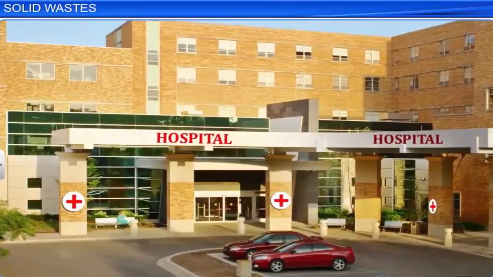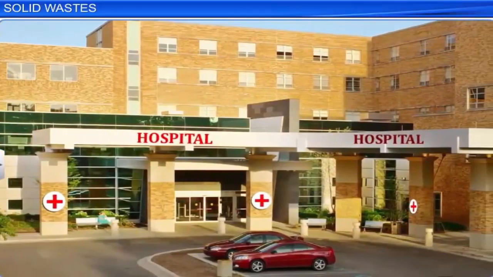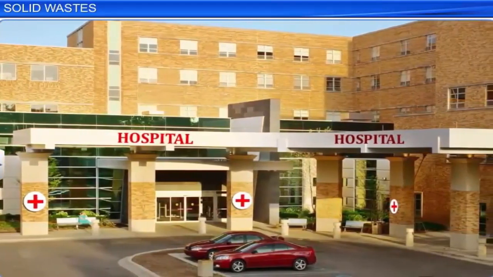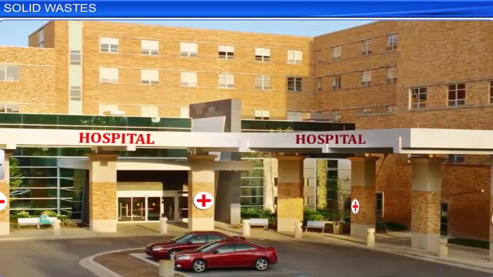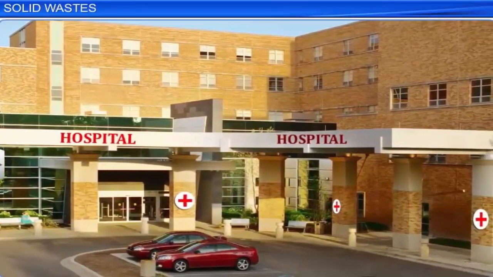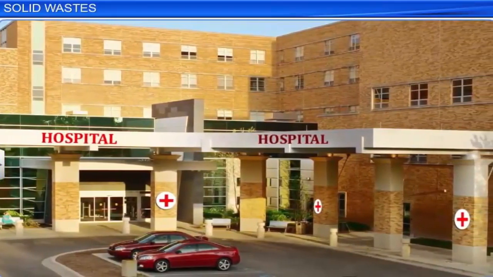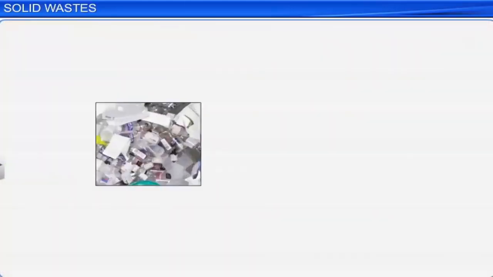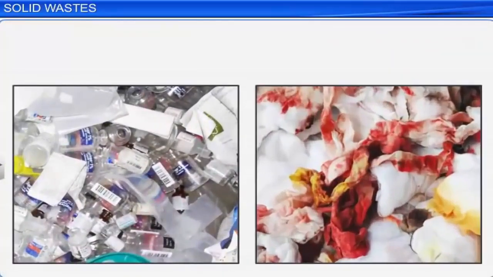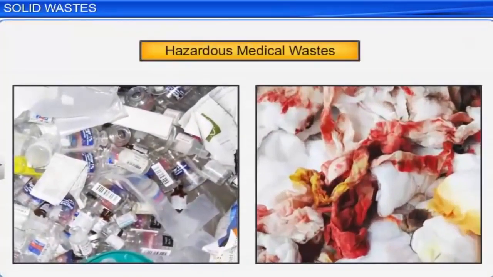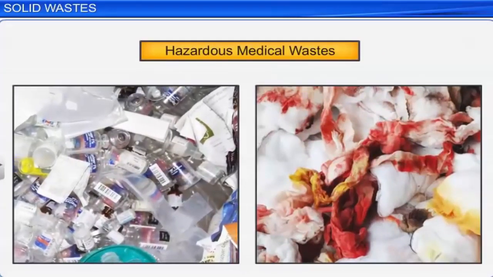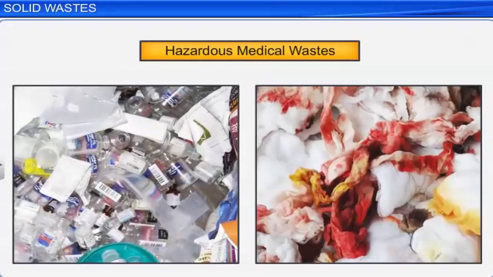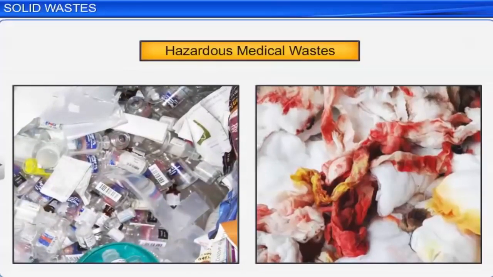Besides plastic waste, another hazardous waste that requires attention is medical waste, which is disposed by hospitals, nursing homes, and clinics. It consists of harmful materials such as disposable syringes, surgical instruments, tubes, bottles, disinfectants, and blood-soaked cotton.